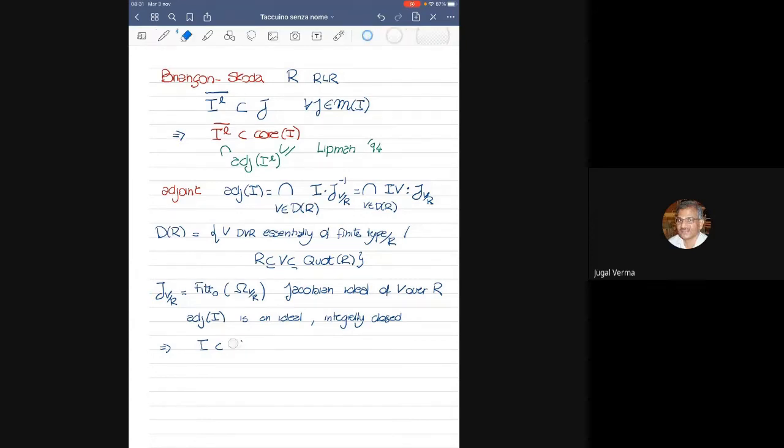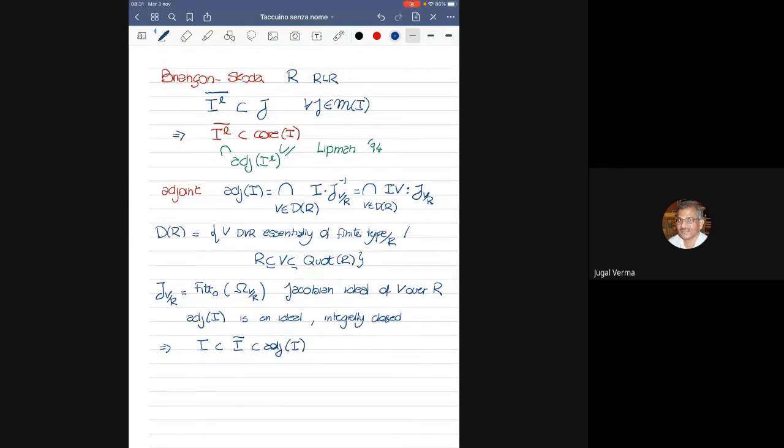But actually, I is always contained in the integral closure of I, which is contained in the adjoint of I bar. The adjoint of I bar is equal to the adjoint of I, exactly because of the definition. Because it's integrally closed, it has to contain the integral closure, so they're equal.